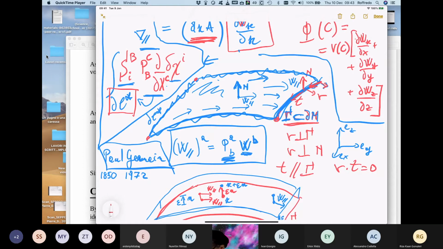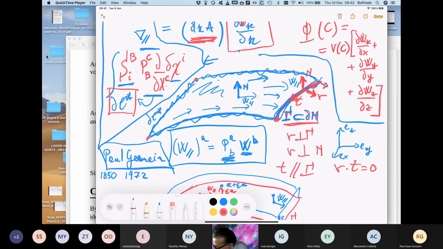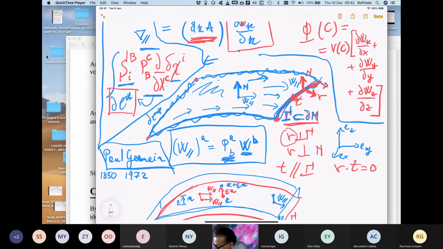In every curve constituting the boundary of the surface, we have the normal vector to the surface, the tangent vector to the curve, and the outer pointing normal vector. So you could believe we are crazy. Nu, as usually this vector is called, is orthogonal to gamma. So it is orthogonal.